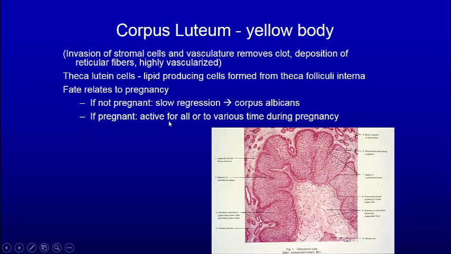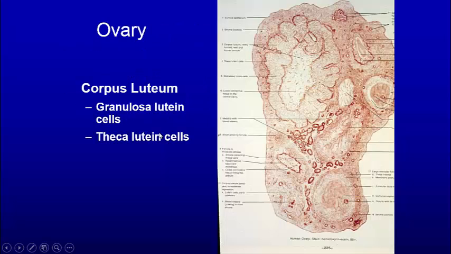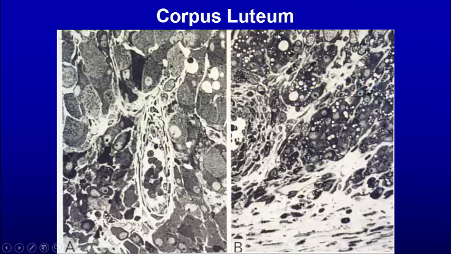If it's pregnant, it's activated for a while to help maintain pregnancy. So the corpus luteum provides hormones, as we'll see in a minute, to help maintain the pregnancy, and also helps to prime the uterus and the mammary gland for function. So in the corpus luteum, we have the granulosa lutein cells here, and then we have the theca lutein cells, which are the smaller ones on the periphery.